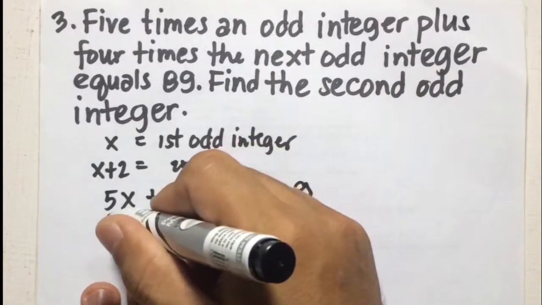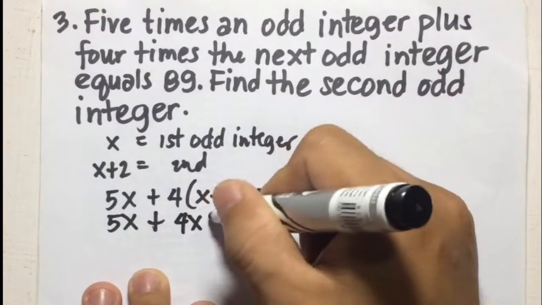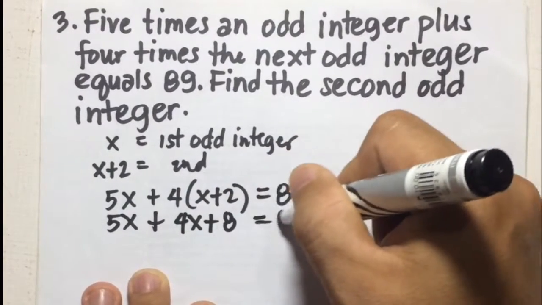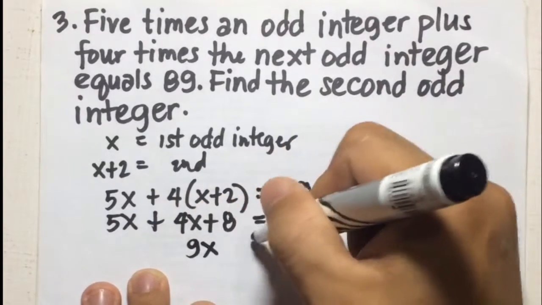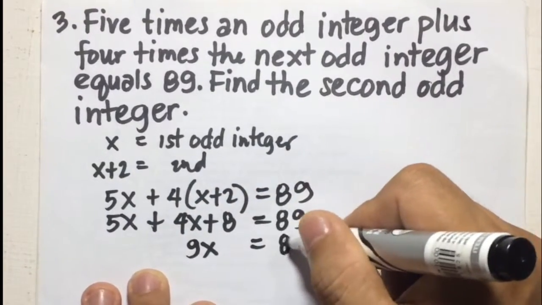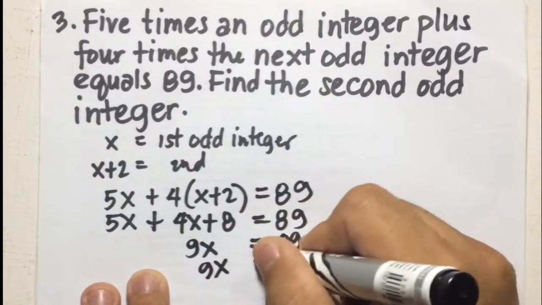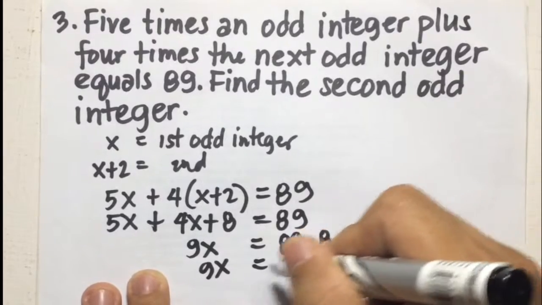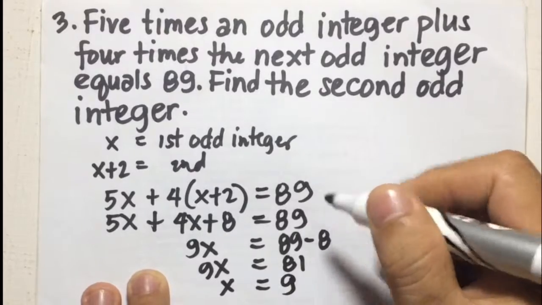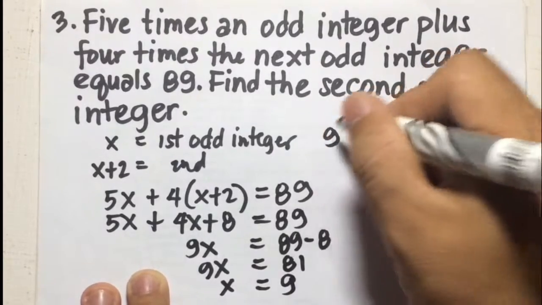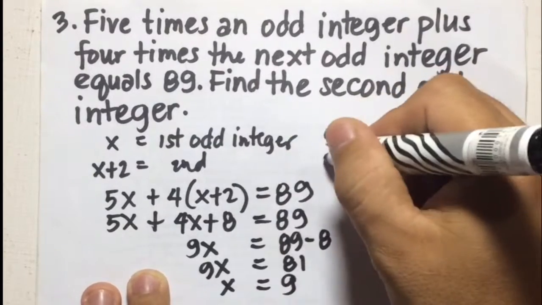Solving this, we have 5x plus 4 times x plus 2 is 4x plus 8 equals 89. Then 5x plus 4x is 9x equals 89 minus 8, which is 81. So x is equal to 81 divided by 9, which is 9. So the first odd integer is 9, and the second odd integer will be 9 plus 2, which is 11.